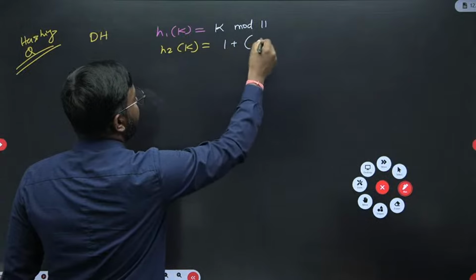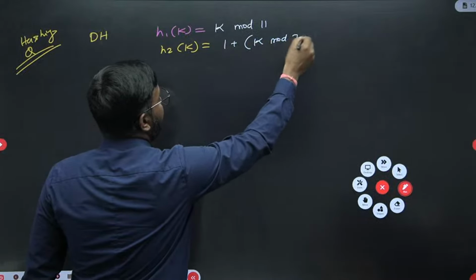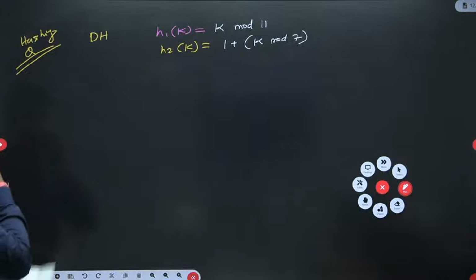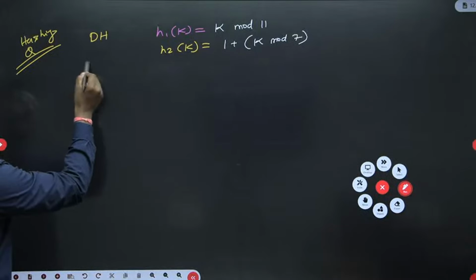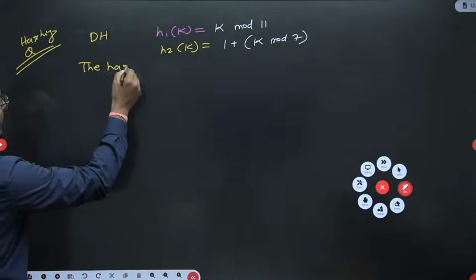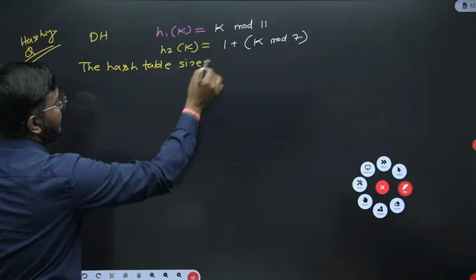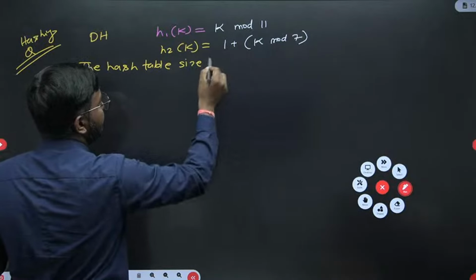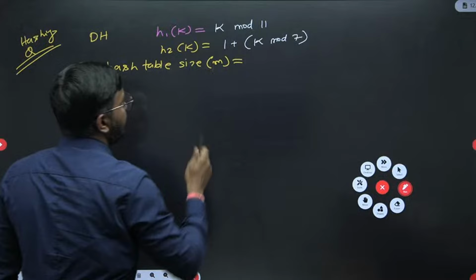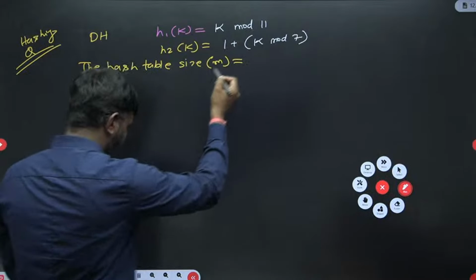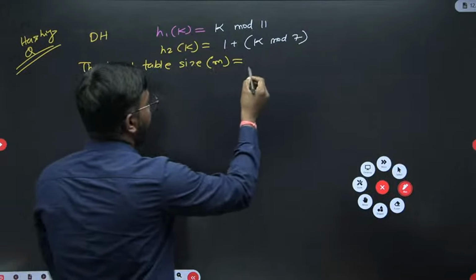Understood? And the hash table size m is given as 11.